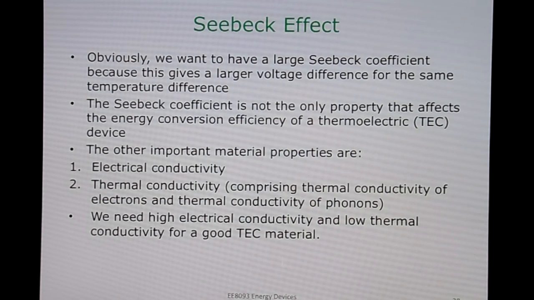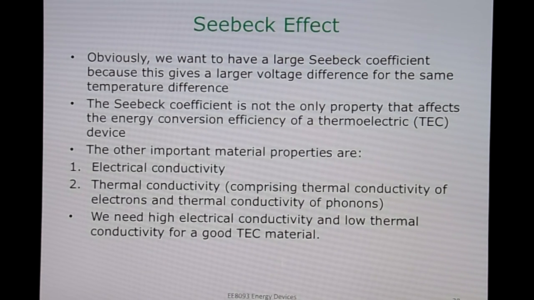In practice, the Seebeck coefficient is not the only property that affects the efficiency of a TE device. There are two other important properties. The first one is the electrical conductivity, and the second is the thermal conductivity.